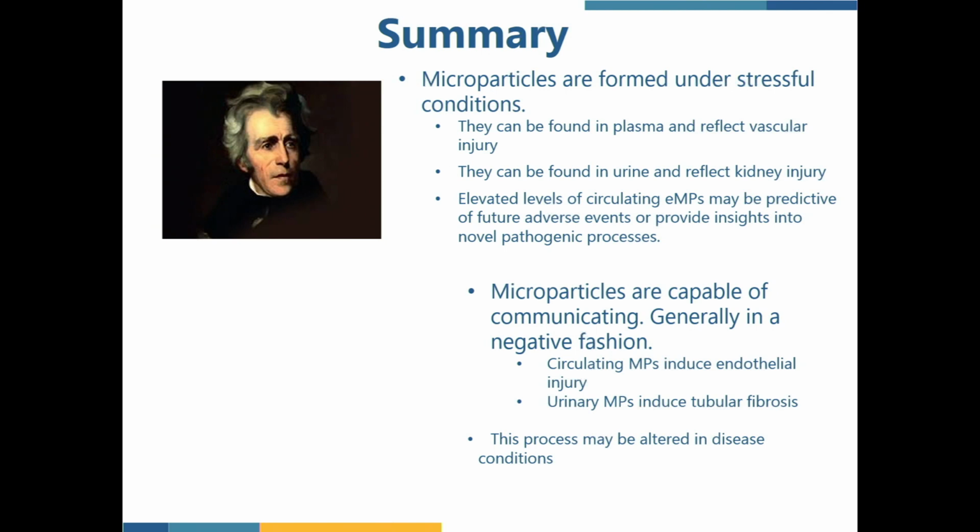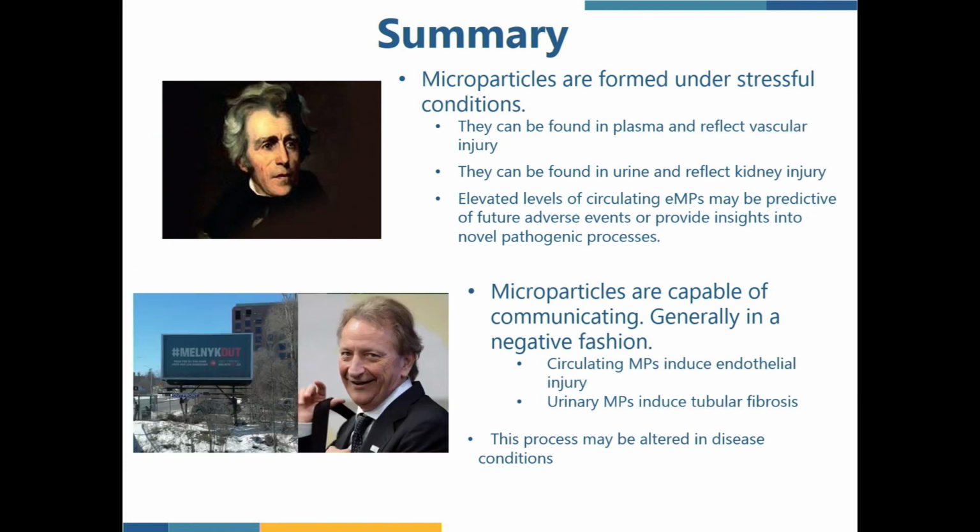In addition, microparticles do have a signaling role, and they generally communicate, at least in the vasculature, in a negative fashion, promoting endothelial cell injury. And again, in the context of urinary microparticles, they also promote tubular fibrosis. And as I've just shown, this process may be altered in disease. So microparticles are also able to promote negative behaviors.